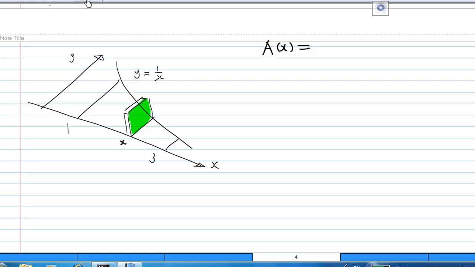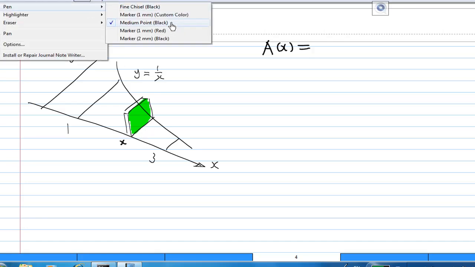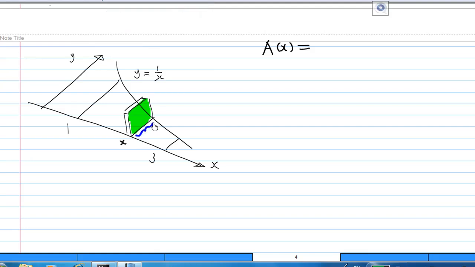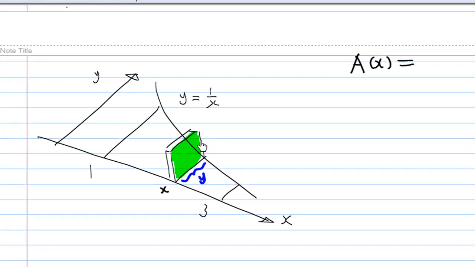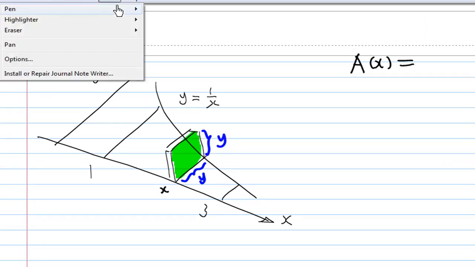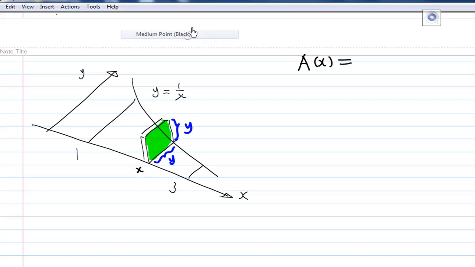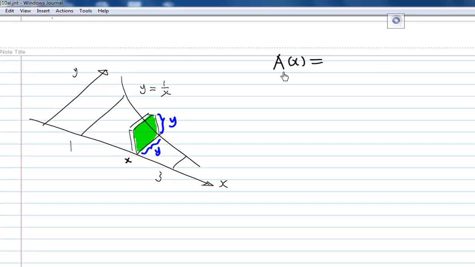So now what is the length of each side? The base length is y, since y equals 1 over x here. Since this is a square, the height is also y. So the cross-section area A(x), which is the green area, is y squared.